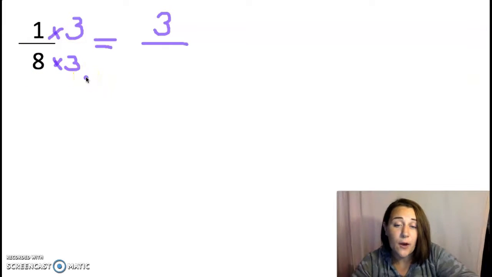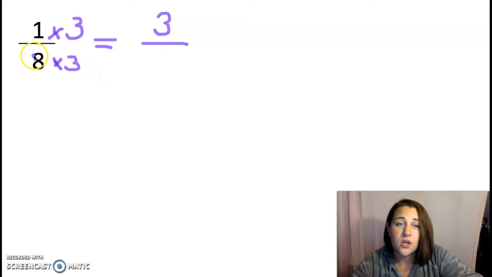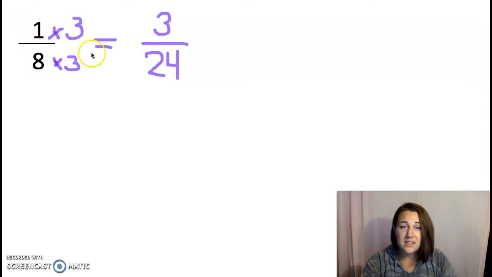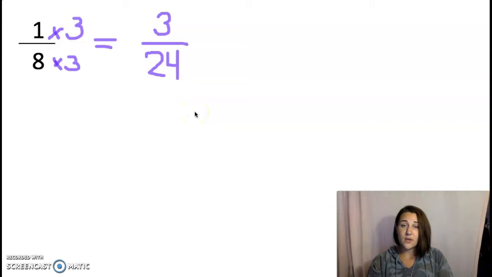I'm going to skip count on my touch points. So 3, 6, 9, 12, 15, 18, 21, 24. So 1 over 8 is equivalent or equal to 3 over 24. We got a different fraction, but they're equal because we did the same thing. We multiply by the same number top and bottom.